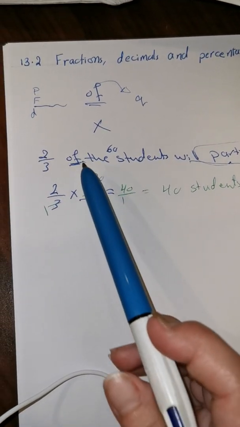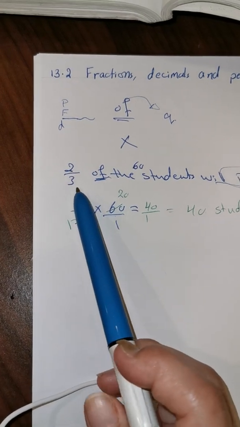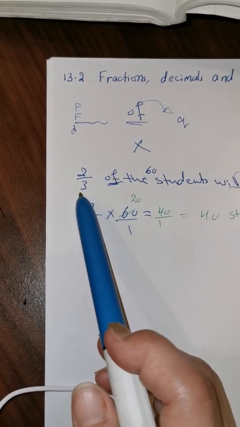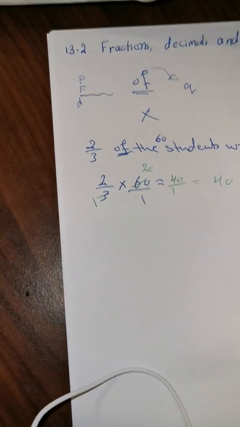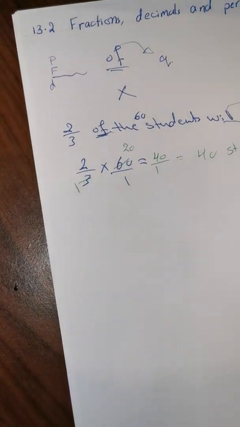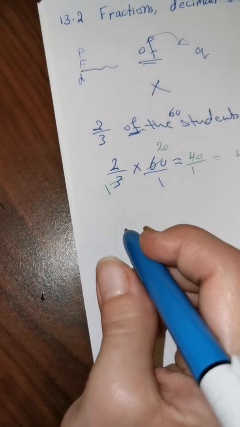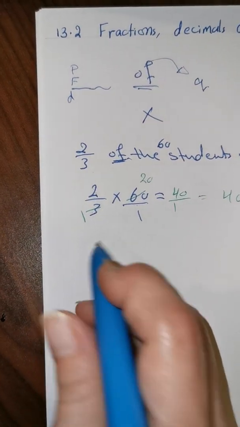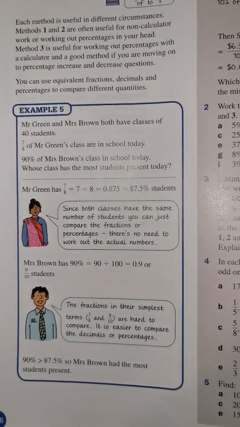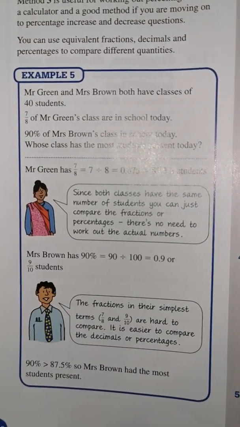So, إمتى بتكون ال of multiplication؟ لازم يكون قبليها fraction, decimal number or percentage. مثلا كمان example. Okay. Let's do example 5.